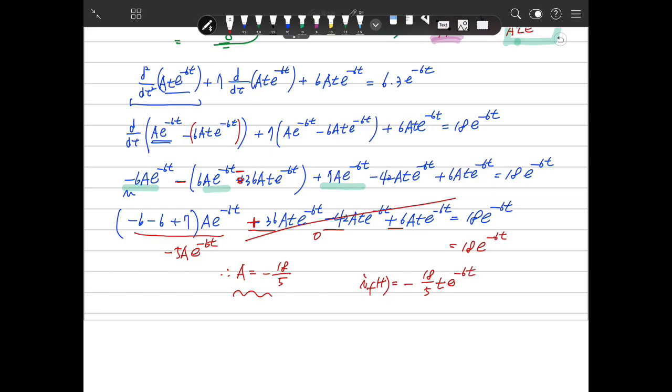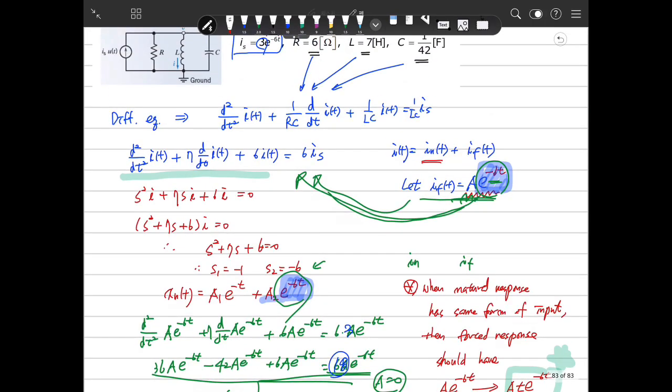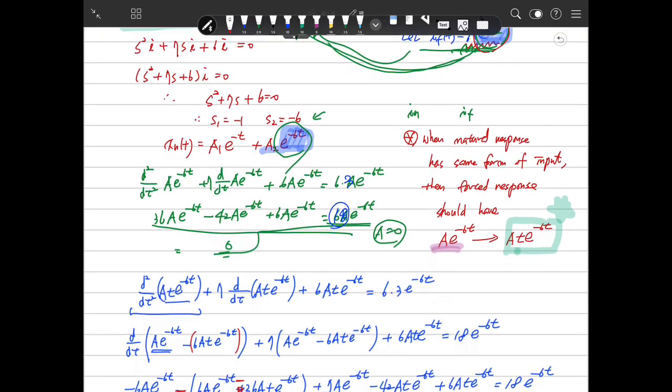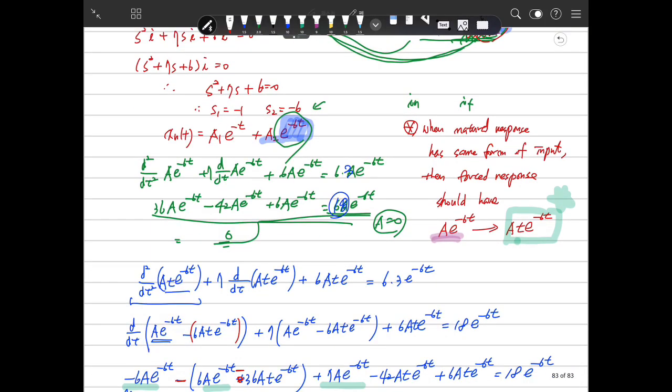So this way, when we have the same form for the forced response and the natural response, then we need to modify the forced response form: it is not a exponential but at exponential values.